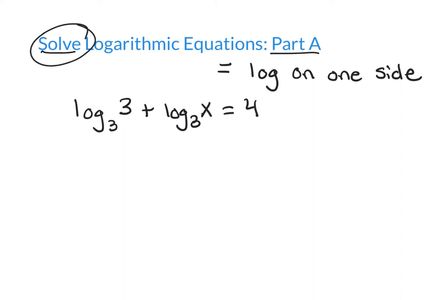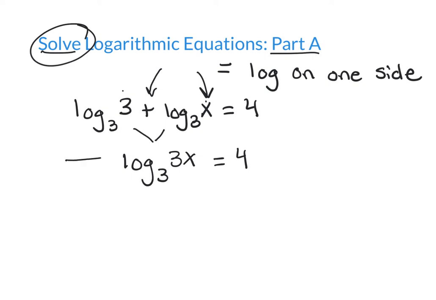We're trying to find the value of x. Well, my property here says, I have the sum of logarithms. I can condense it into log base 3 of 3 times x. So condense it into one logarithm, and that equals 4. Now to finish solving, convert your logarithm into exponential form.